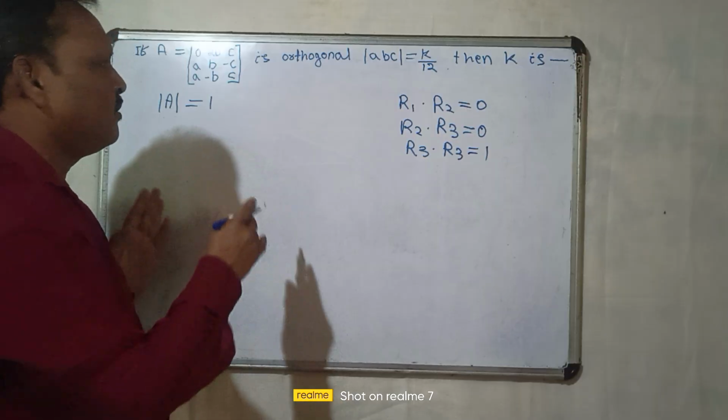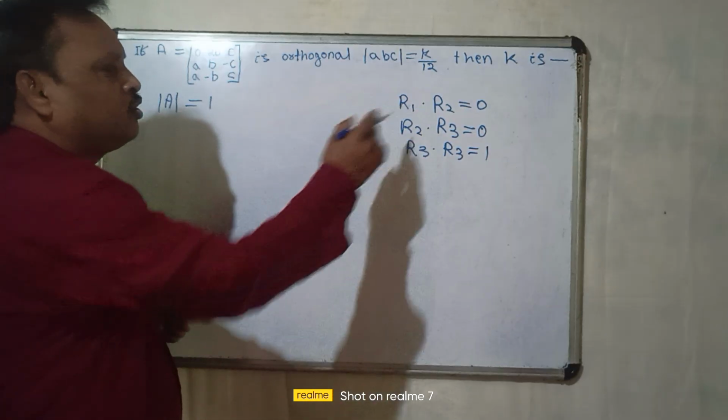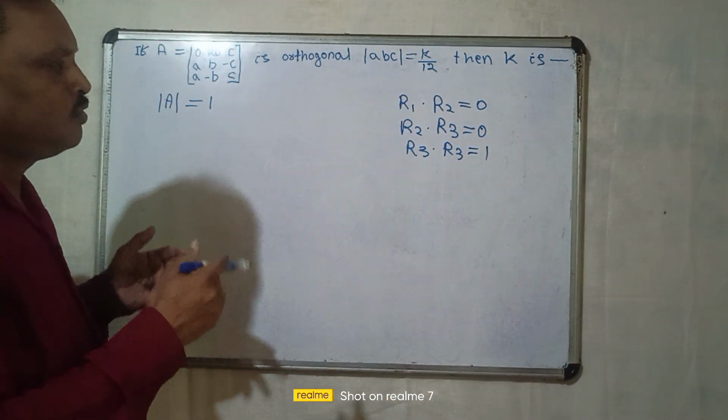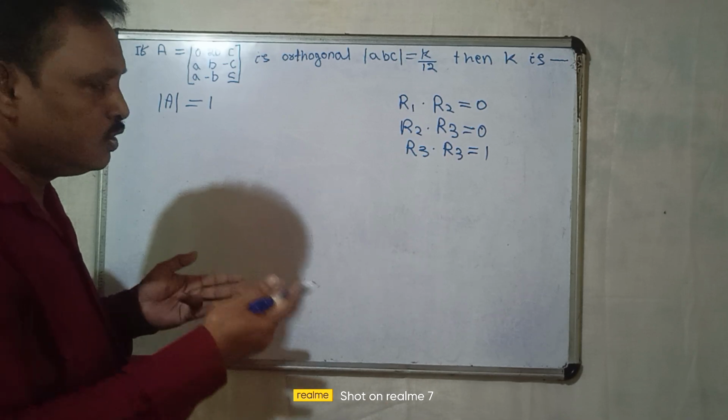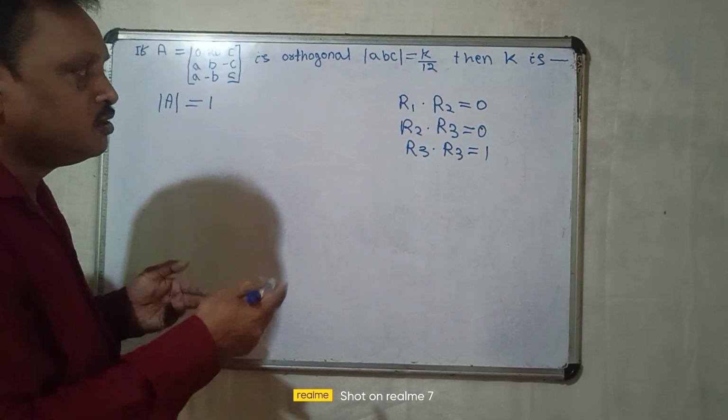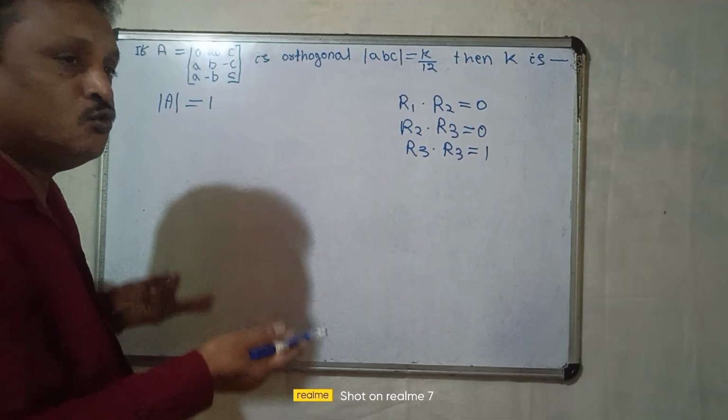Now we can find the dot product of row 1 and row 2 equal to 0, row 2 dot row 3 equal to 0, row 3 dot row 3 equal to 1.